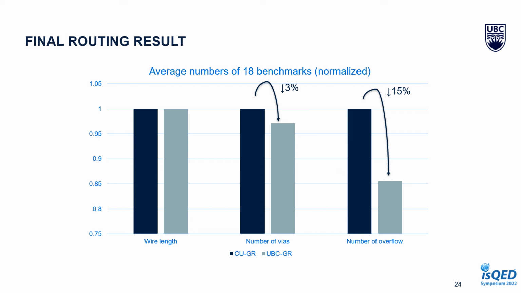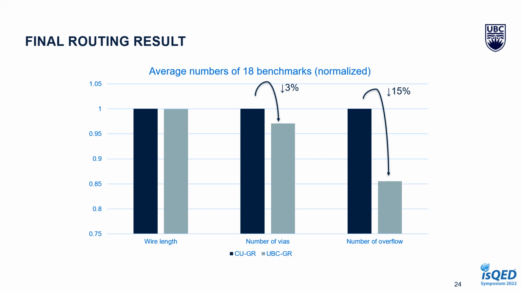So we believe that by predicting the congestion of a design before routing takes place, our UBCGR can avoid routing through those tiles with potential congestion, and that's why it can reduce the number of overflow by so much.